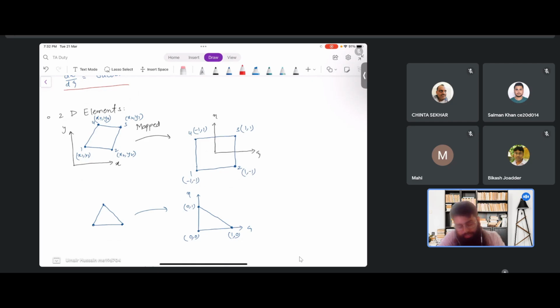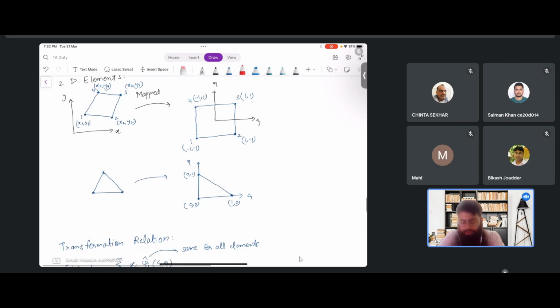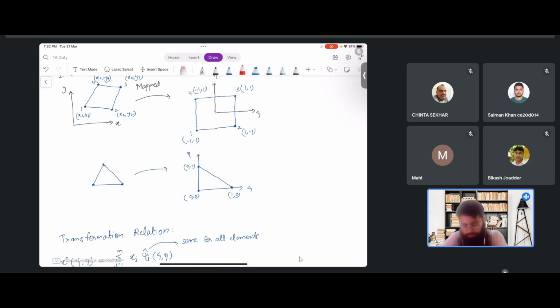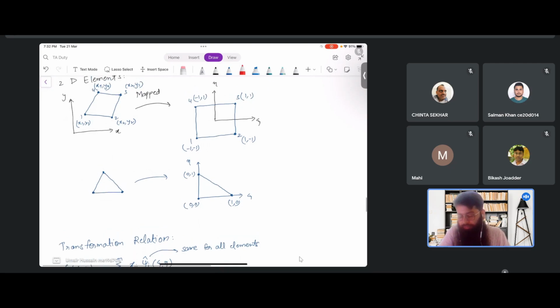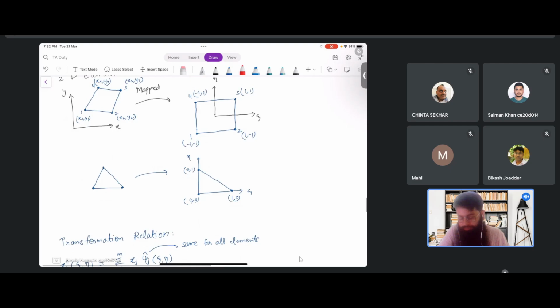For triangles, we have a standard mapping to another standard coordinate system triangle. So for quadrilateral elements we have a separate mapping, and for triangular elements a separate mapping.